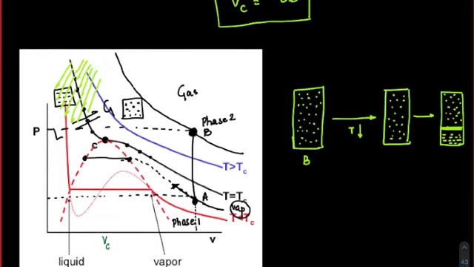So this particular phase we call supercritical fluid, SCF. Supercritical fluid is that particular equilibrium where vapor and liquid exist together at a very high pressure.